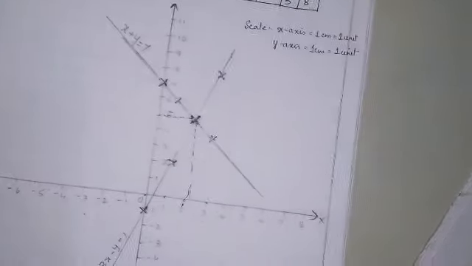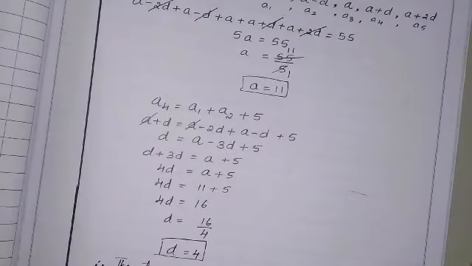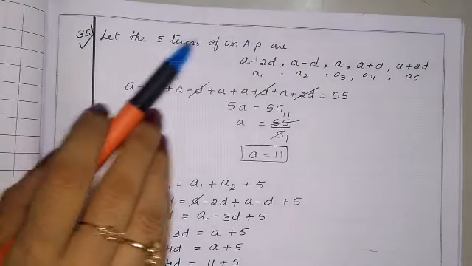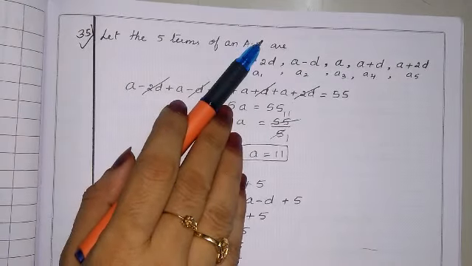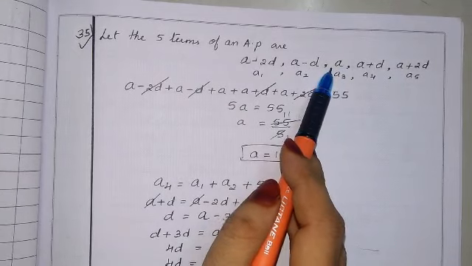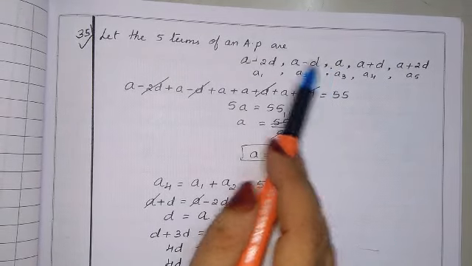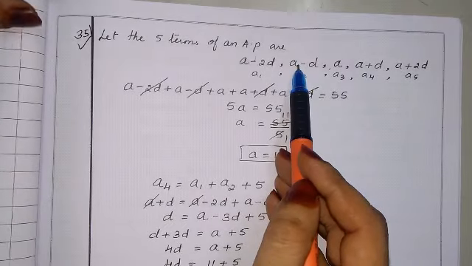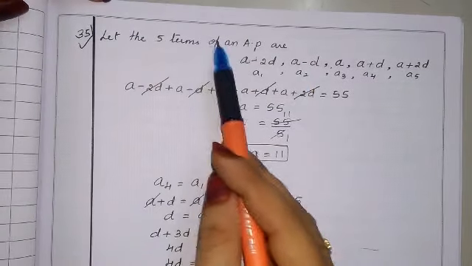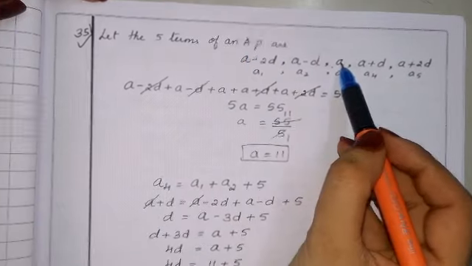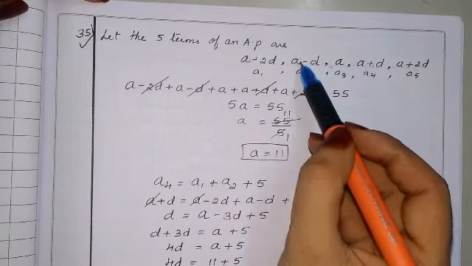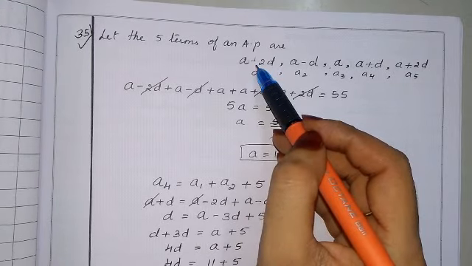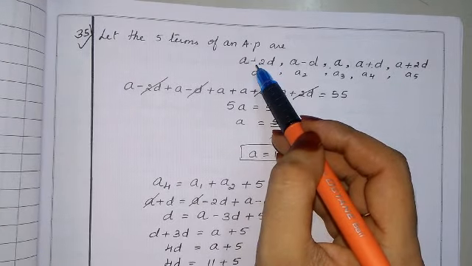When they ask for 5 terms in an AP, how will we solve? Let us assume the 5 terms of an AP. Same as how we did for 3 terms: let the 3 terms of an AP be a plus d, a minus d. Likewise, let the 5 terms of an AP be a plus d, a minus d, a plus 2d, a minus 2d. For 5 terms we have to take like this only.